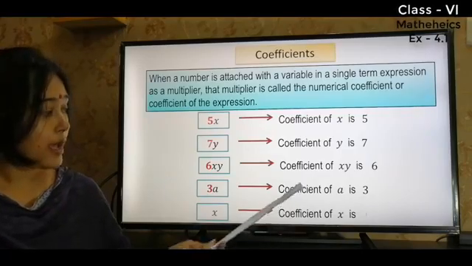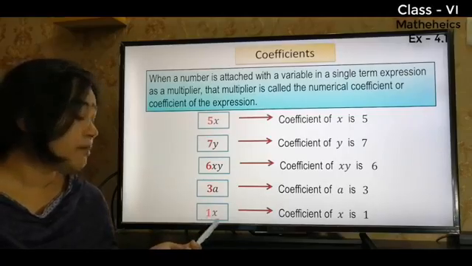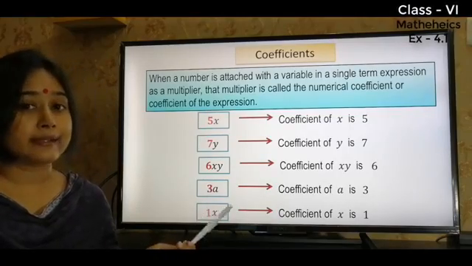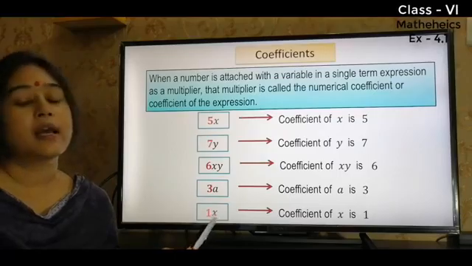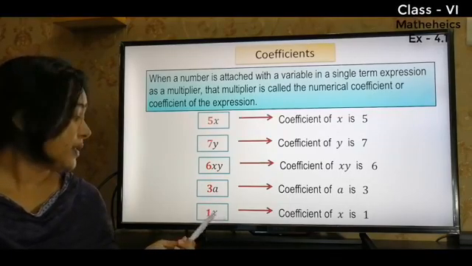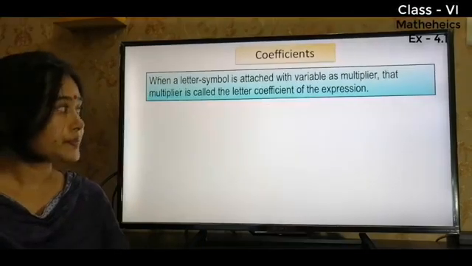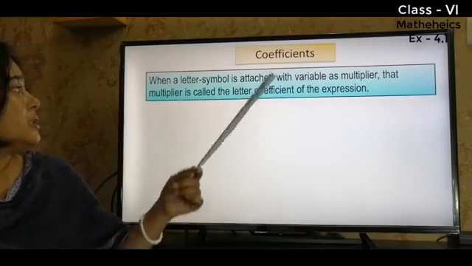So the coefficient of x is 1 because 1 is multiplied with x. That's why the product was shown here as x. So the coefficient of x is 1.